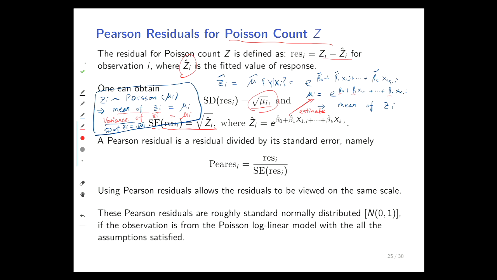So we consider the standardization, and in this case, we can treat Pearson residuals on the same scale. If the assumption is satisfied, the Pearson residual should be roughly standard normally distributed. In this case, we can use this normal distribution to help us identify whether the data is from the Poisson log linear regression model.